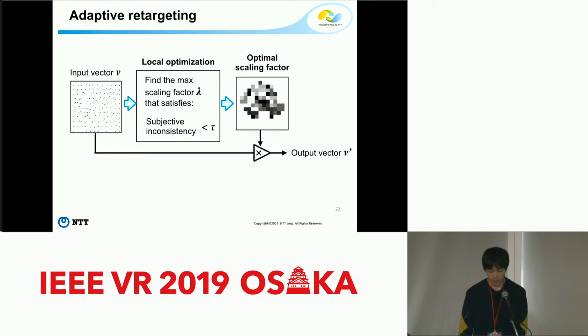But the best scaling factor depends on the local image structure, so we conduct this optimization process for each spatial area. However, with this strategy, when the input motion involves, for example, rigid motion, locally modulating the vector length may significantly change the perceived impression of that motion structure.